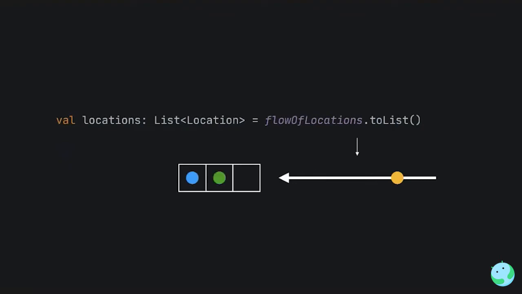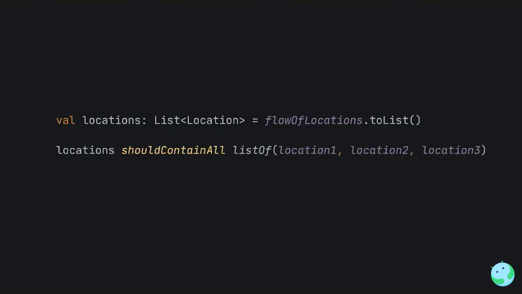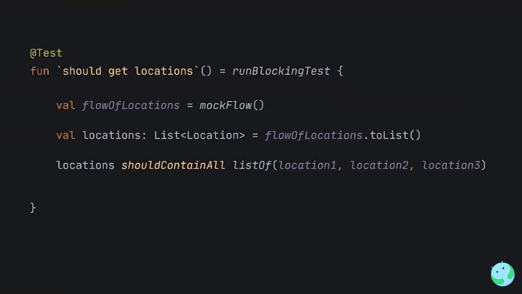It takes the first one, the second one, and the third one until it has read everything from the flow you're testing. And then you could take that list and perform assertions on it. So that's a very simple example of writing a unit test. You're testing a flow, basically testing that it goes through the stream and performs any logic that you have in your flatMap and those different types of operators.